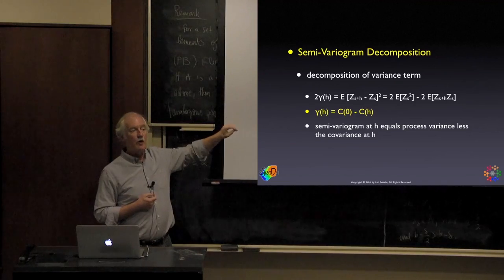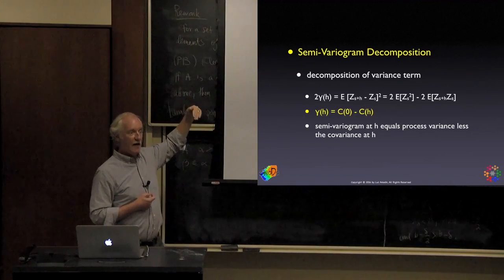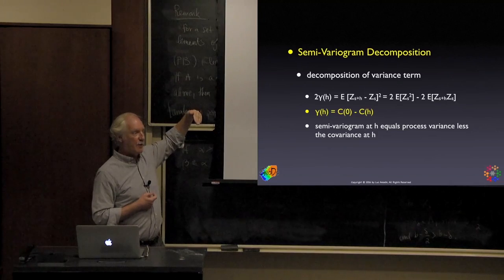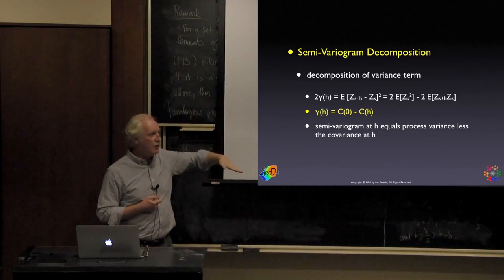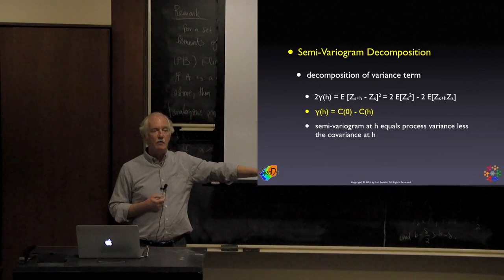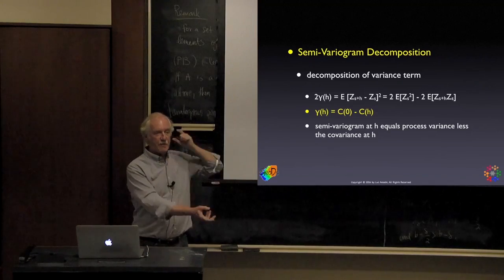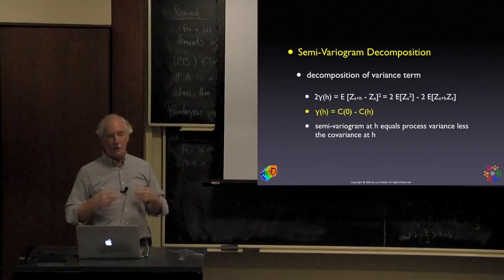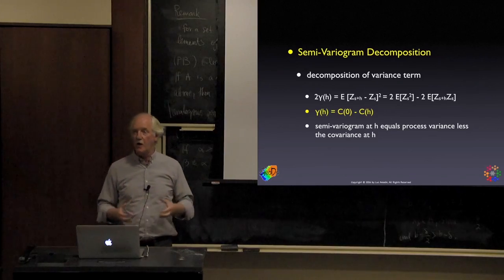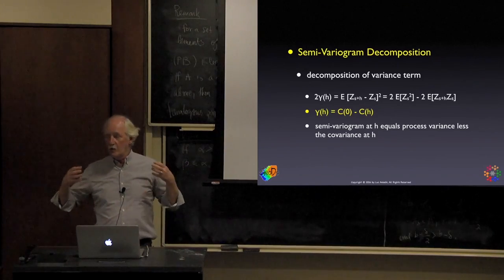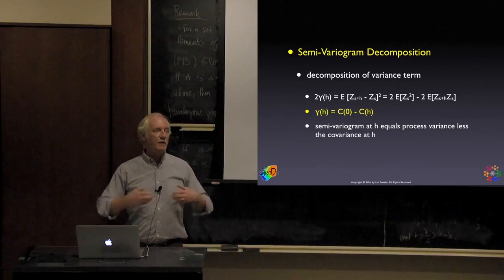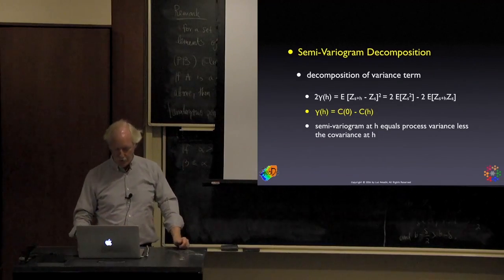And the covariance starts high at small distances, but then as h increases, the covariance becomes 0. So they're flip sides of the same phenomenon, which is the distance decay phenomenon, which is closer things are more dependent than things that are further apart.